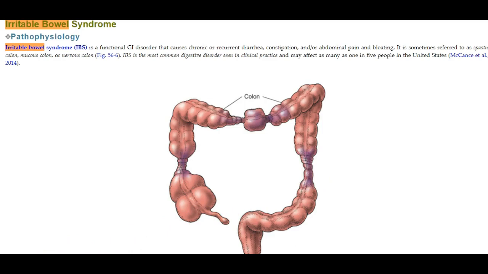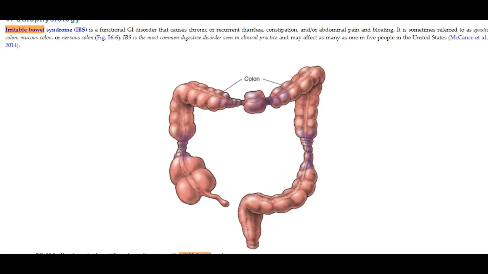You have spastic contractions of the colon as they occur with irritable bowel syndrome. So in patients with irritable bowel syndrome, bowel motility changes and an increase or decrease in bowel transit times result in changes in the normal bowel elimination pattern.